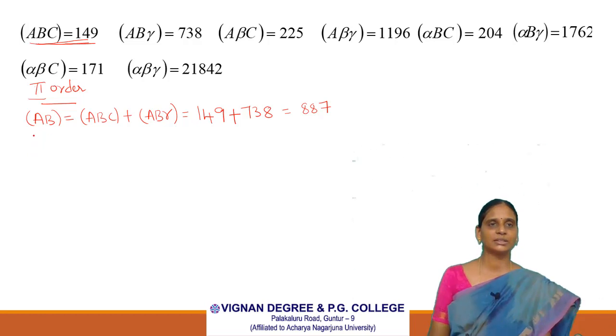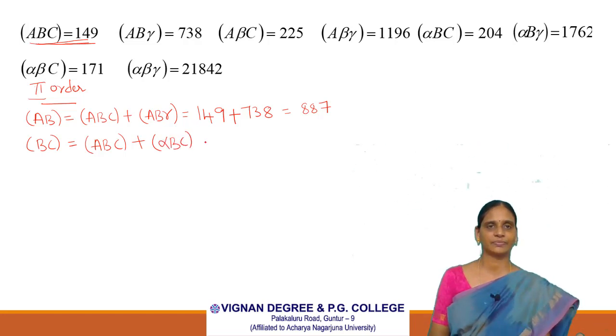And the next second order positive class frequency is frequency of BC. Again, frequency of BC can be expressed in the third orders, that is frequency of ABC plus frequency of alpha BC.